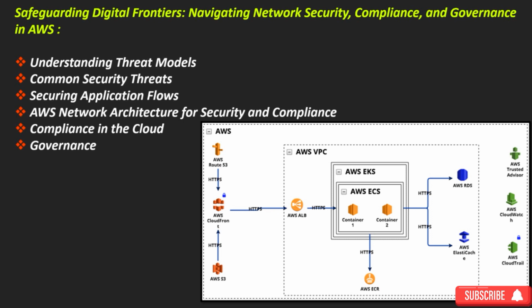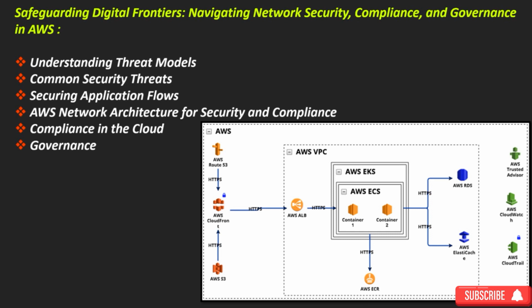So what about the AWS network architecture for security and compliance that we need to discuss? As businesses migrate their operations to the cloud, understanding AWS network architecture becomes very paramount. AWS provides a robust set of tools and services to help organizations meet their security and compliance requirements.